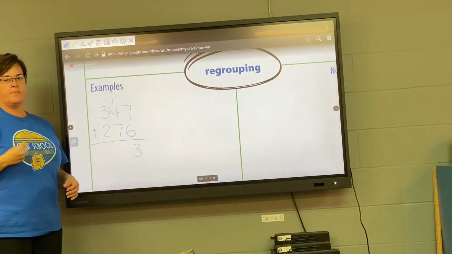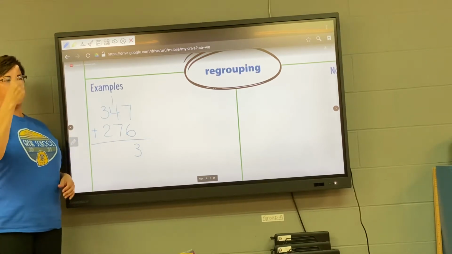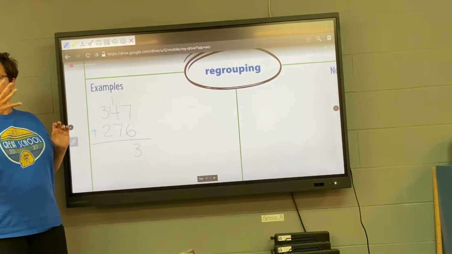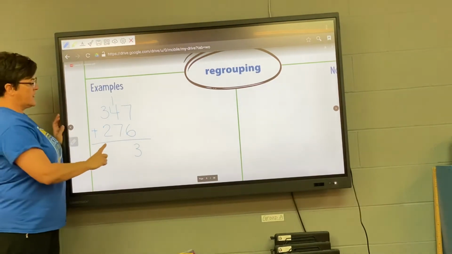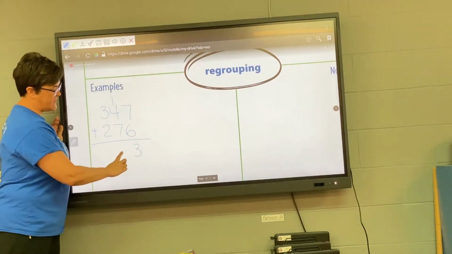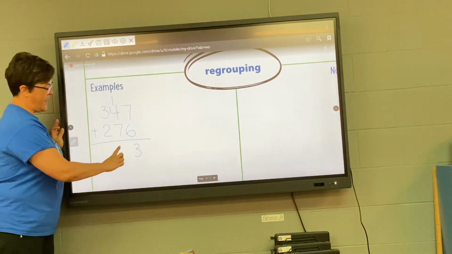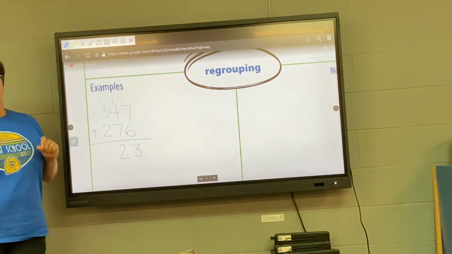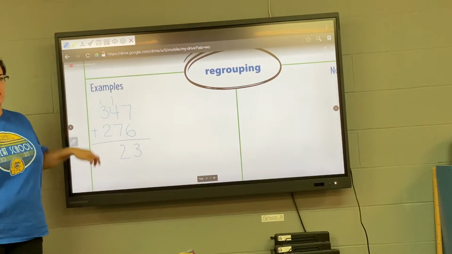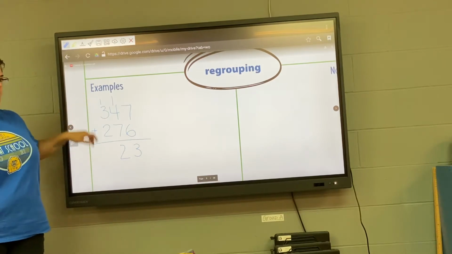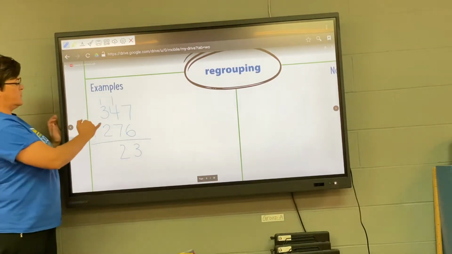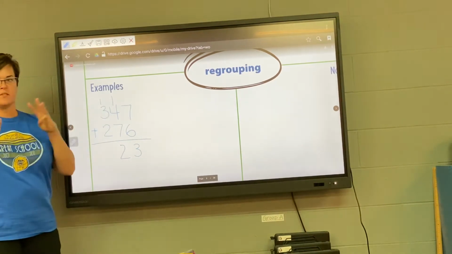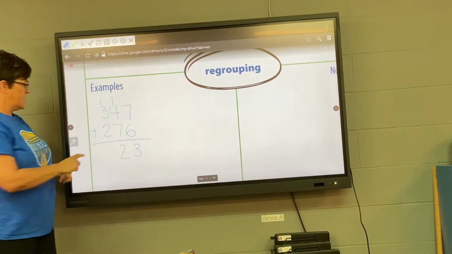So 7, I'm going to add 5 more. 8, 9, 10, 11, 12. Can I have 12 in my tens place here? No, I have to do some regrouping again. Now I'm going to find the value of my hundreds. What's 3 plus these 3? 3 plus 3, doubles. 6.